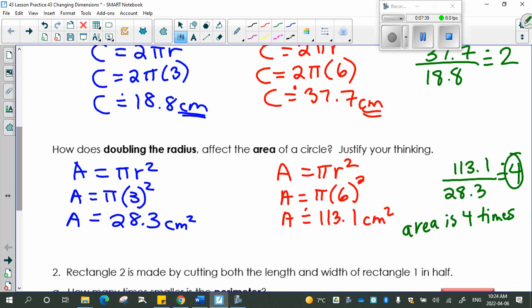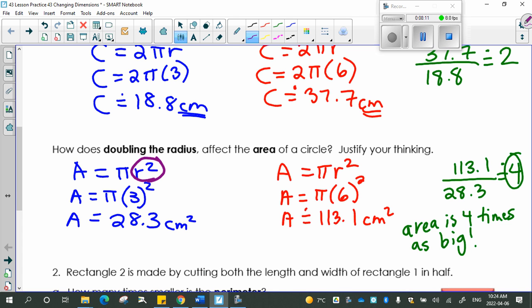Can anyone explain why, the difference? Why does doubling the radius double the circumference, but doubling the radius makes the area 4 times as big? Yes, that's exactly it. So in the formula, the radius is squared, okay?